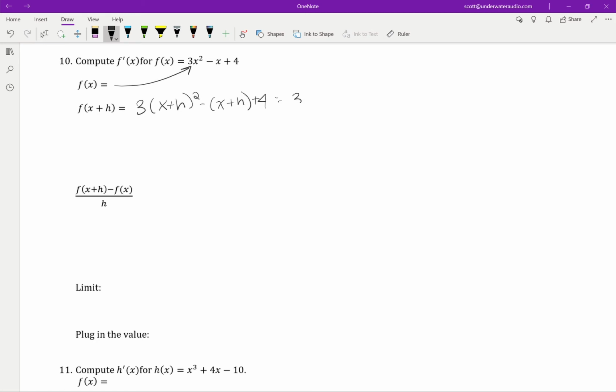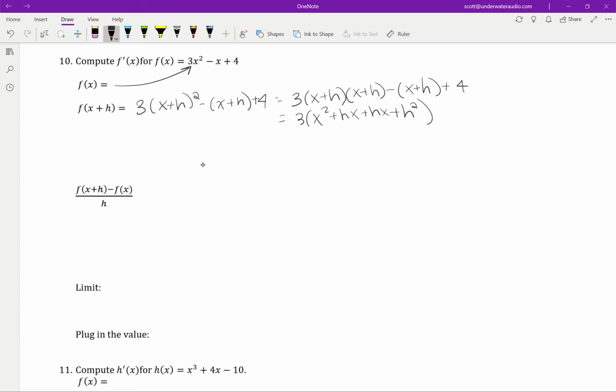Okay, so at some point you're going to get really, really good at multiplying x plus h squared out. So we'll do that now, but eventually you'll have done it a ton and you'll basically have it memorized. So x plus h squared means multiply it by itself. So x times x is x squared plus hx plus hx plus h squared.